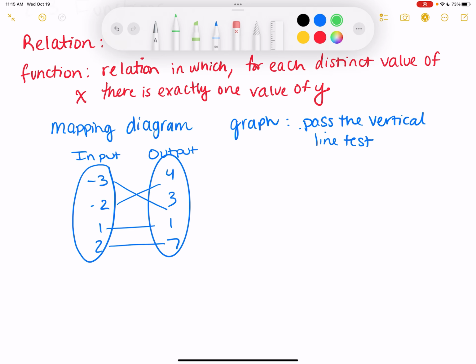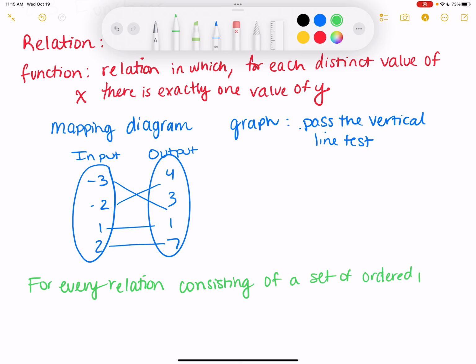So for domain and range, for every relation consisting of a set of ordered pairs x and y, there are two important sets of elements.